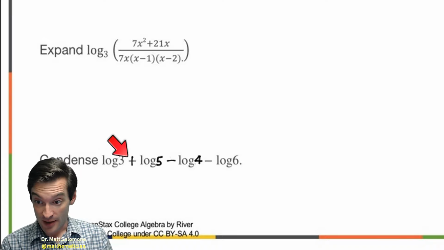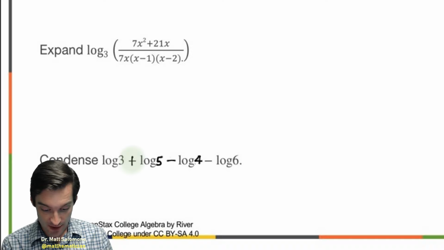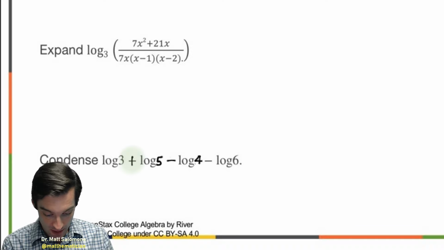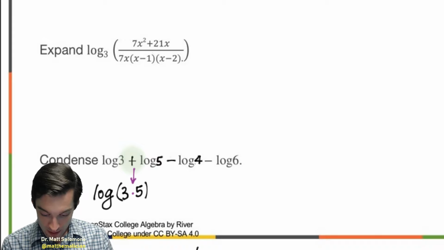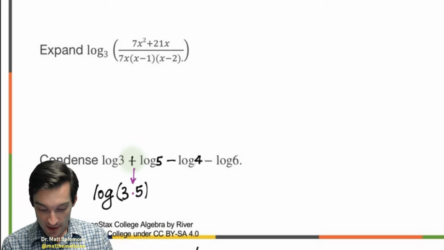And now we can see that what I really ought to do to get this process started is turn this addition outside of my logs into a multiplication inside instead. And so I'll get a single log, and that log is taken of the product, 3 times 5. And then I'm also going to take this third and fourth term and factor out the minus sign from both of them.